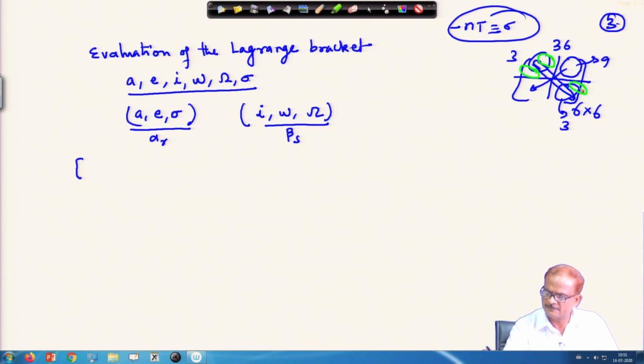Similarly, here in this place, whatever sign it comes with, on this side it will be negative, or otherwise. Then we divided it into two parts. One part, from here to here, corresponds to A, E, sigma, and this part corresponds to I, small omega and capital omega.